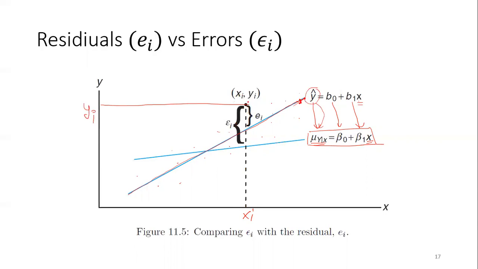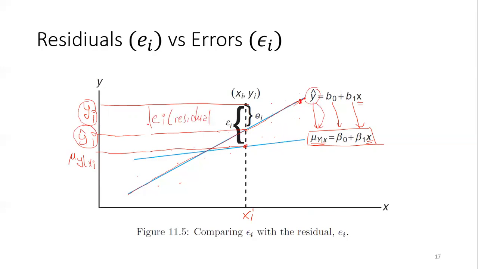The difference between this yi and this point, the y hat i, okay? And how about this point? This point is the mu of y given xi. The difference between the yi and the estimated value is ei. This is the residual.